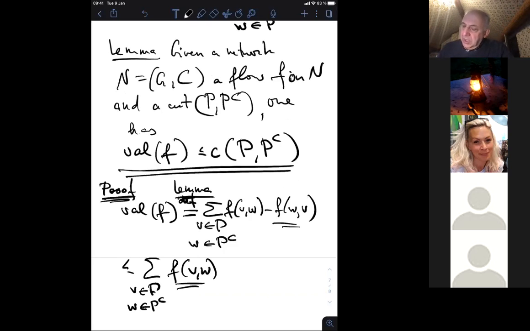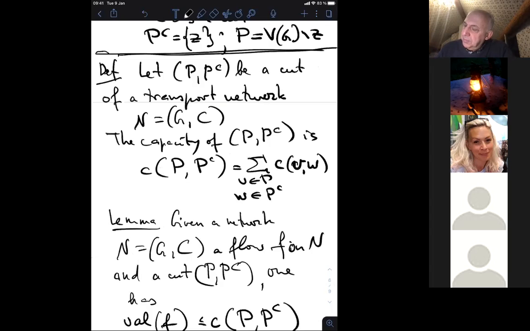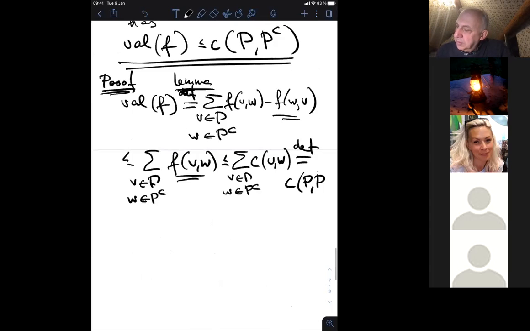Now, each such term is bounded by the capacity of the corresponding edge, so this is smaller or equal than the capacity of the edge from V to W. And this is, again by definition, the capacity of the cut P, P complement.